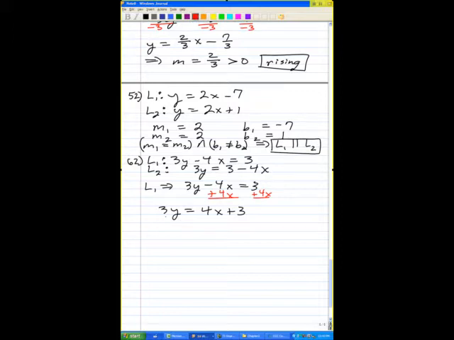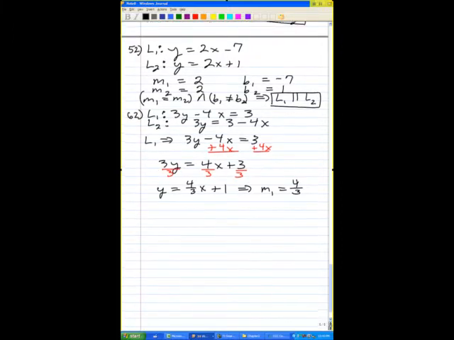Divide both sides of my equation by 3. So I get y equals 4/3 x plus 1. So therefore the slope for this first line is 4/3.